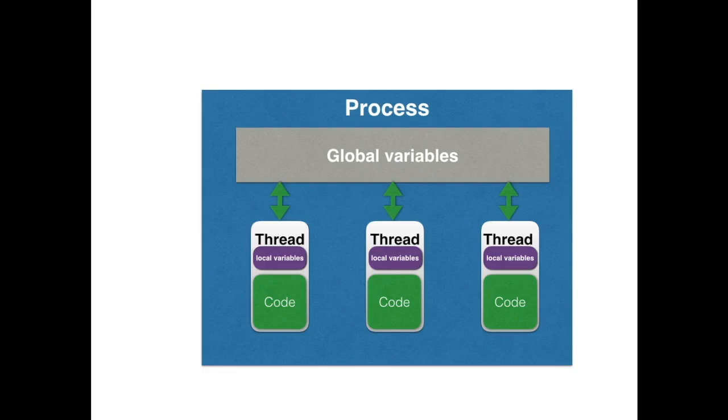Now, a single process may have multiple threads of execution. And as I already said, threads are useful when an application wants to perform many concurrent tasks on shared data.